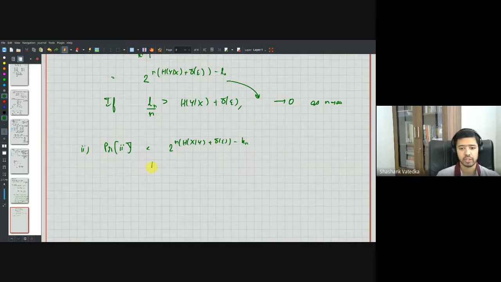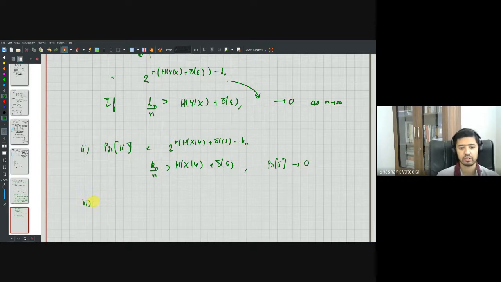As long as kn by n is greater than h of x given y plus delta of epsilon, this probability is vanishing in n.